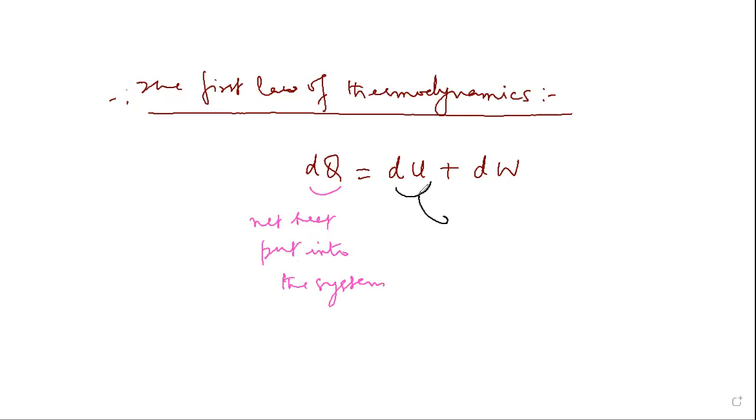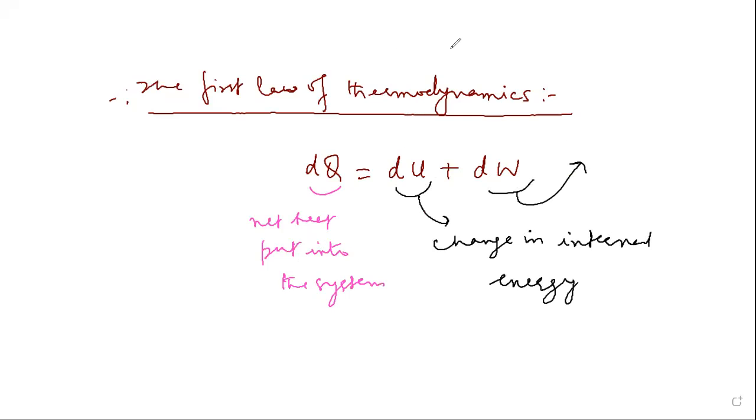This du is change in internal energy. dw is work done by the system, right? Net heat put into the system, du is change in internal energy, and dw is work done by the system.